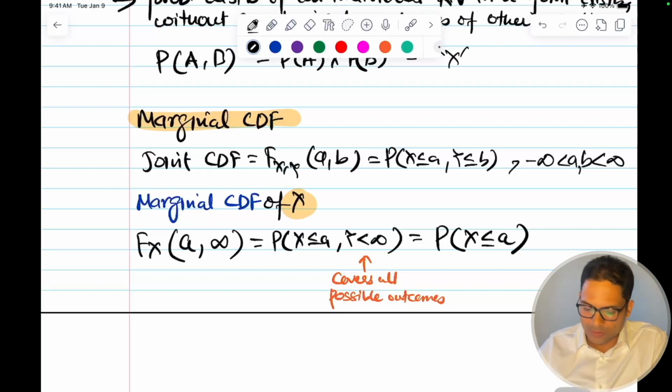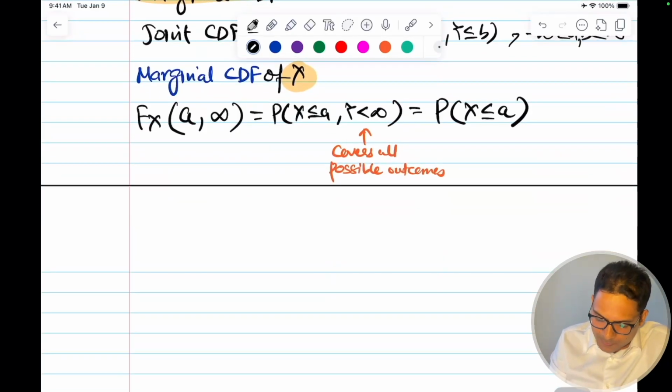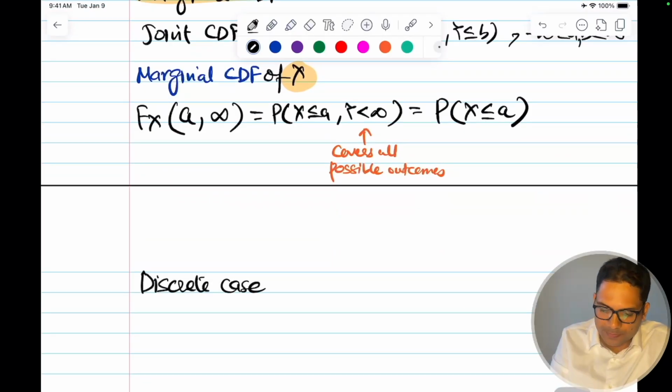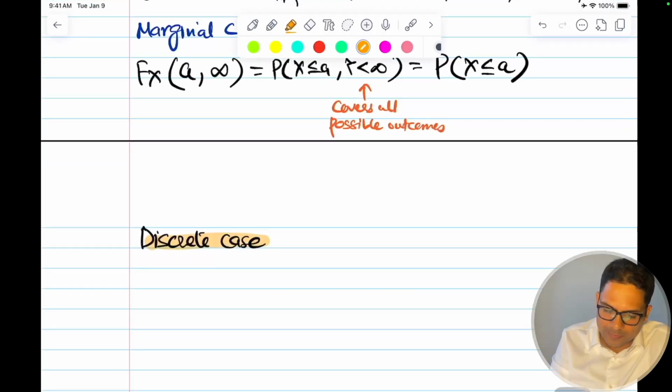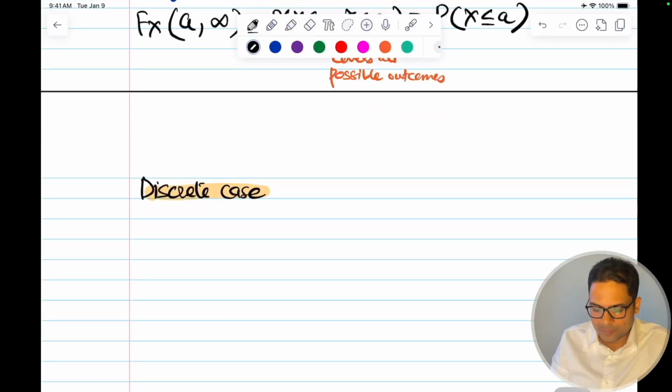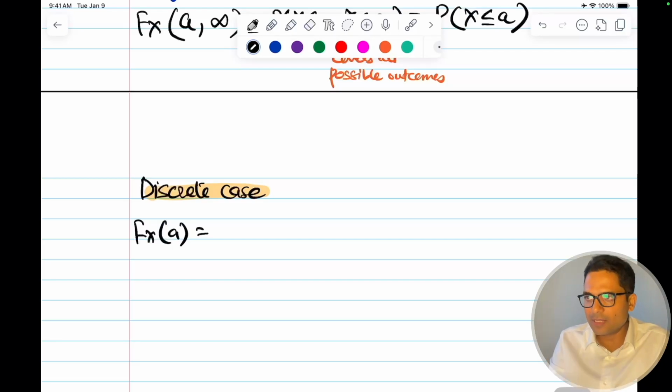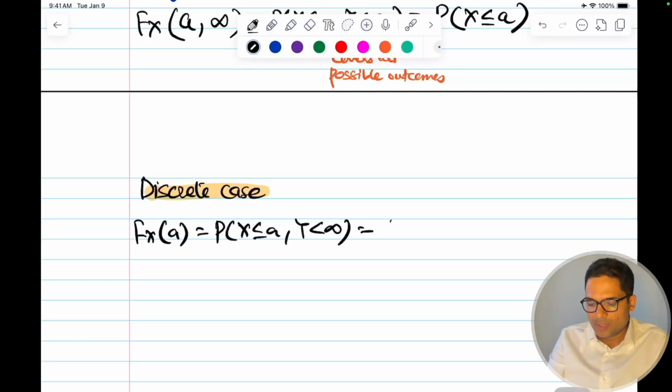Okay, so similarly, what will be the discrete case? Discrete case, countable case. What will be F_X of a for a single value? Here you see that it was x comma y. This is only for a single variable. Given that we have X less than or equal to a and Y less than infinity, it is equal to a summation.